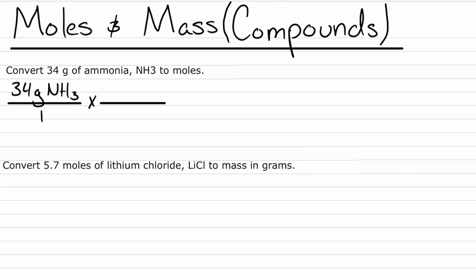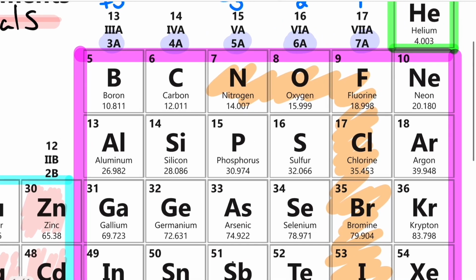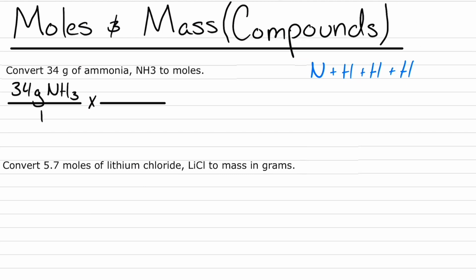Now, because ammonia is a compound, we're going to need to calculate its molar mass, which basically means just adding up the masses of all of the elements, right? So we'll take the mass of nitrogen and add the mass of 3 hydrogens to get our total molar mass. So looking on the periodic table, nitrogen has a mass of 14.007.